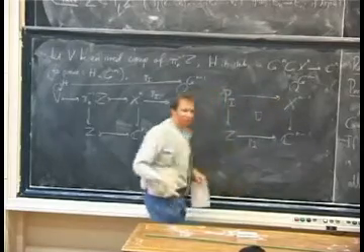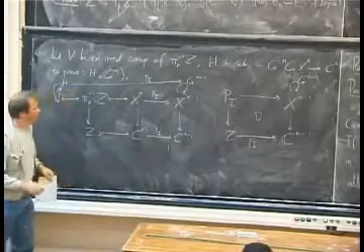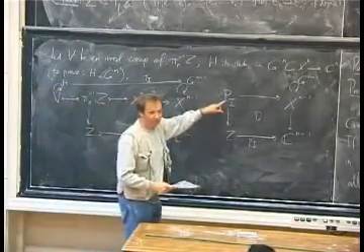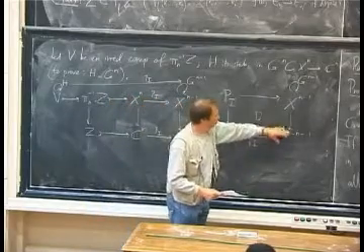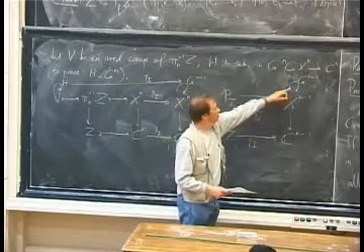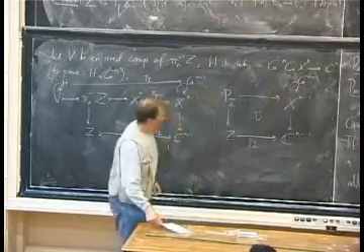Now I claim that because of the way I chose L, this pi is irreducible. Why is that? Here I have a Galois extension with group G^(n-1).